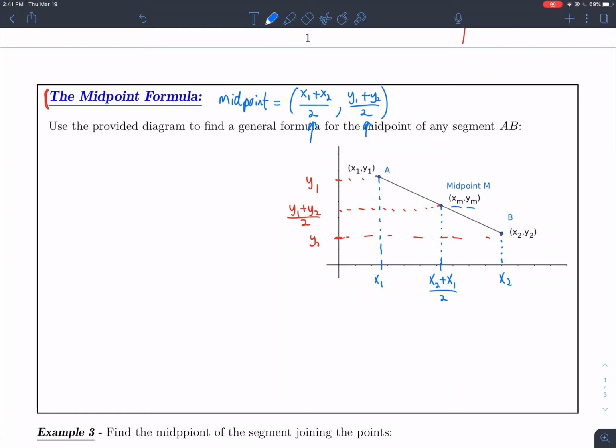What we've done now is this. We've said that if this point is the middle of this segment right here, then this and this are the same.